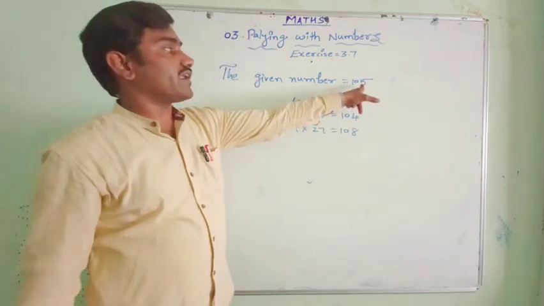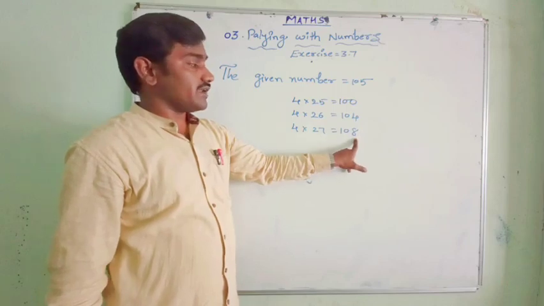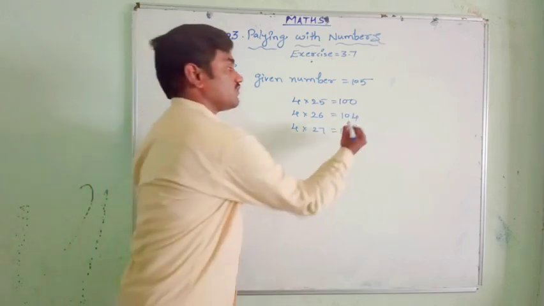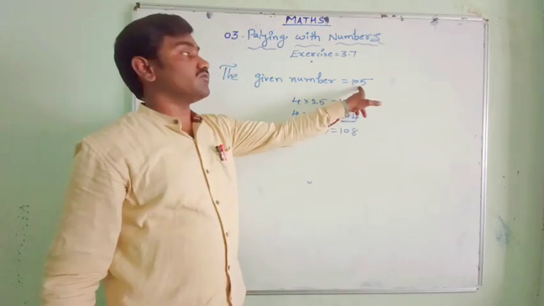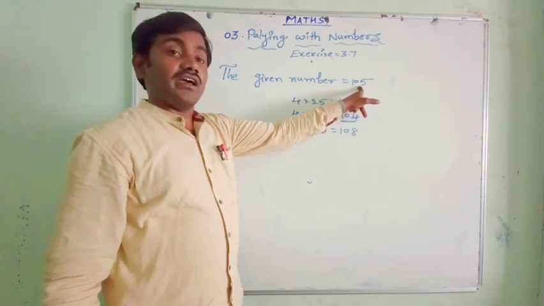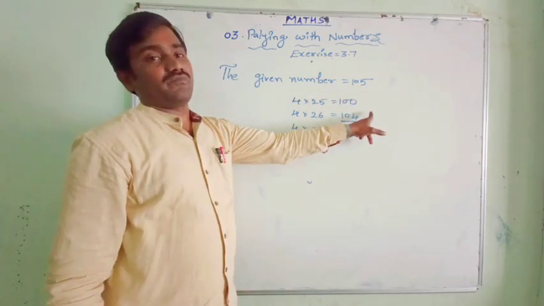So see, we got 105. Which is the nearest number, 108 or 104? This 104 is the nearest number to 105 which is divisible by 4. Simple.